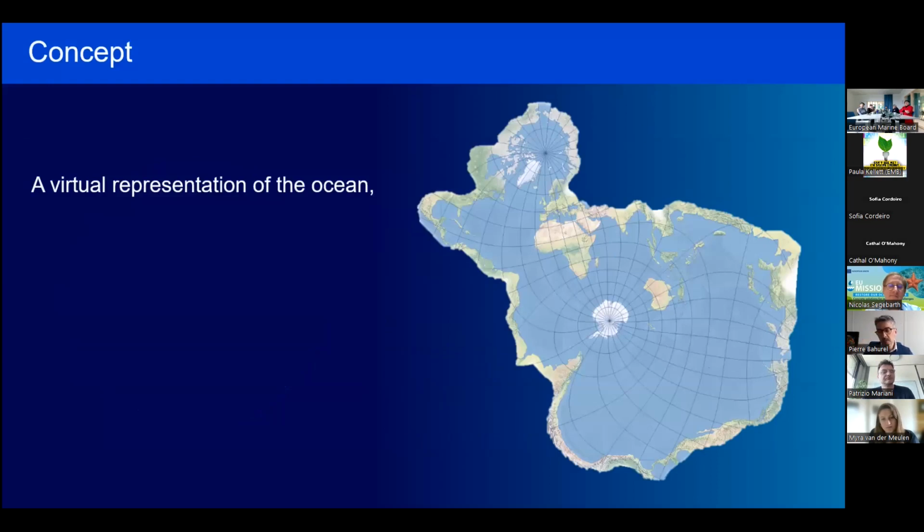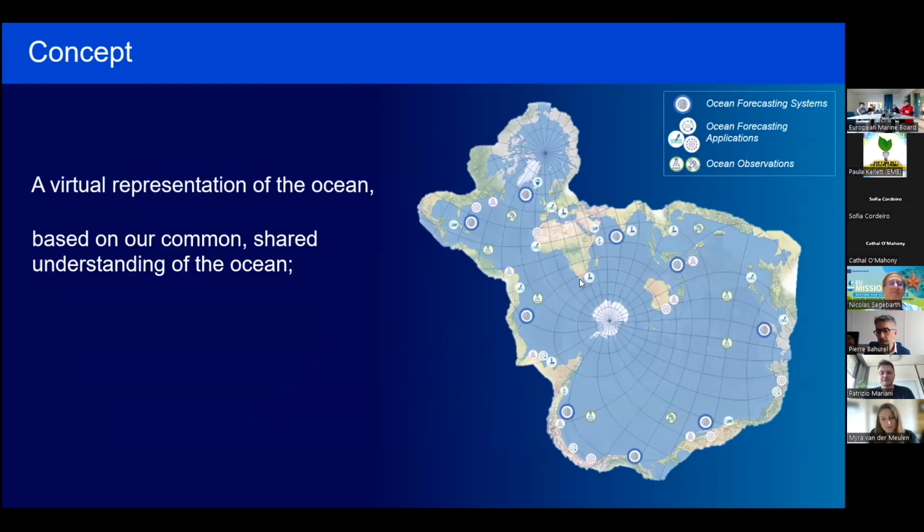If we have this representation of the ocean, we start with the idea that there are multiple sources of information: based on observations, based on generic modeling of the ocean with all the different types of parameters, but also thematic applications, people who are specialists in ecosystems or plastic monitoring.